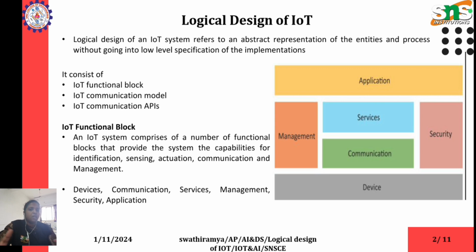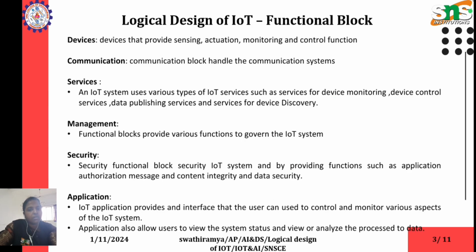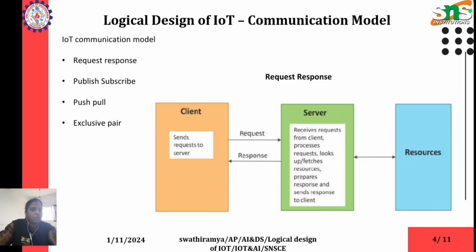Thirdly, you provide services, either for controlling the device or viewing the status of the device, so that comes under services. At the end of the day, you need APIs for the user and the device, so you have the part called application. These all come under the functional blocks. We have already discussed this, and the next block is the IoT communication model.